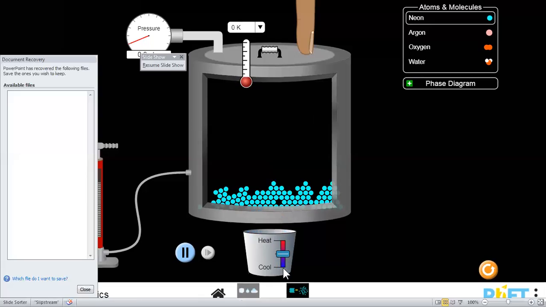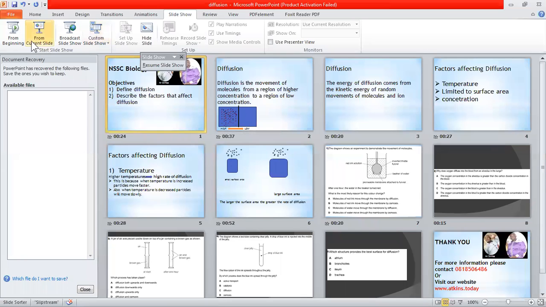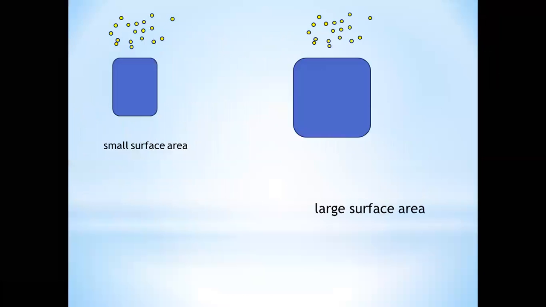Now, let's take a look at the next point. The next factor is surface area. When we talk about surface area, we're talking about how big the shape is. This is related to the cell membrane. The bigger the cell membrane, the higher the rate of diffusion. If you look at a cell that has a small surface area, very little diffusion will occur.